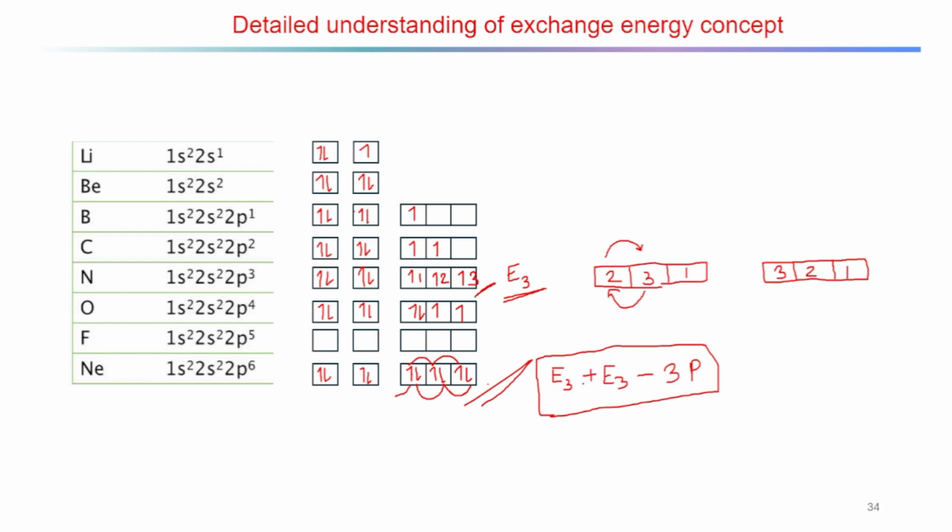So actually this E3 plus E3 is much greater than this pairing energy. So even if we subtract this pairing energy, this value, E3 plus E3 minus 3p, is still much higher than this E3 value.